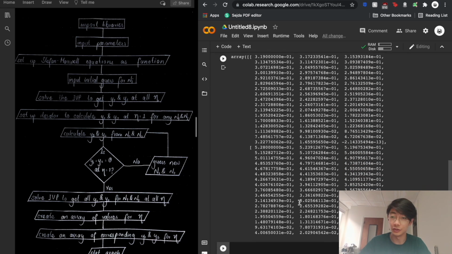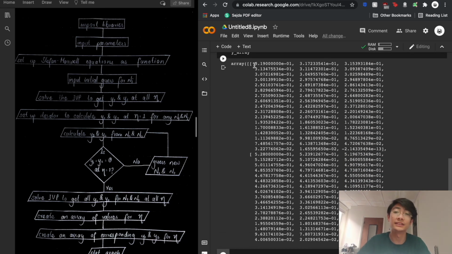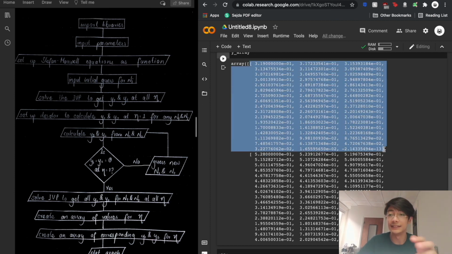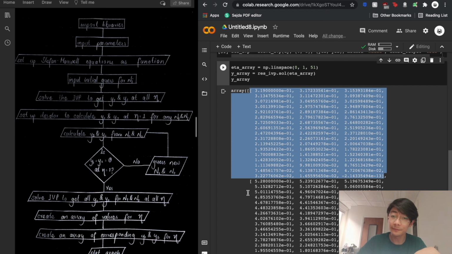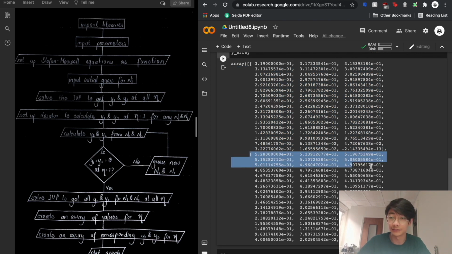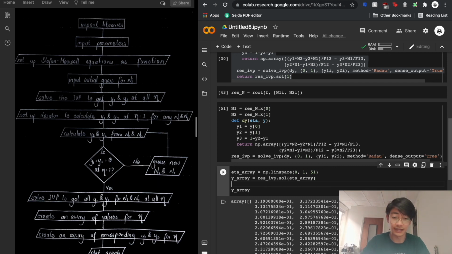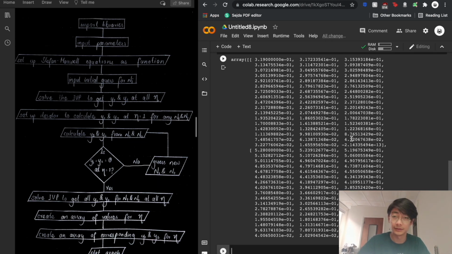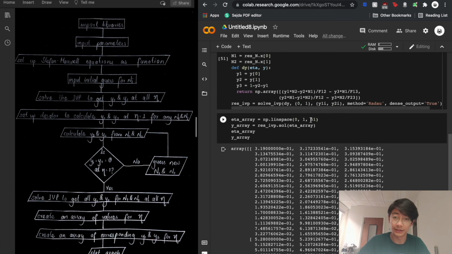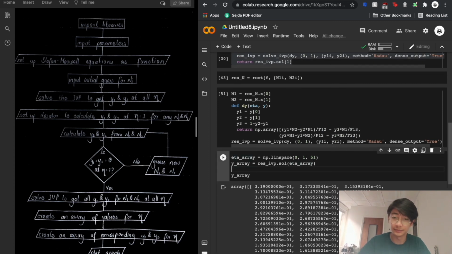Okay, we get this huge two-dimensional array, and what this basically means is the first array is the corresponding values of y1, and the second array is the corresponding values of y2. So to be more exact, okay, it looks like I can only get one at a time.